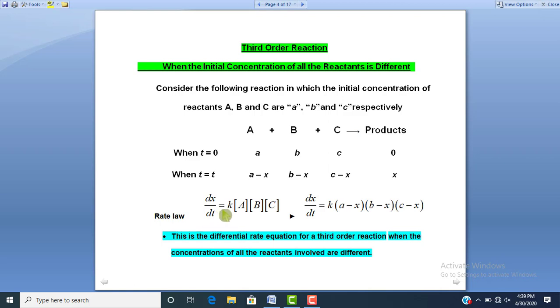It is equal to rate constant k into the concentration of A, B and C.